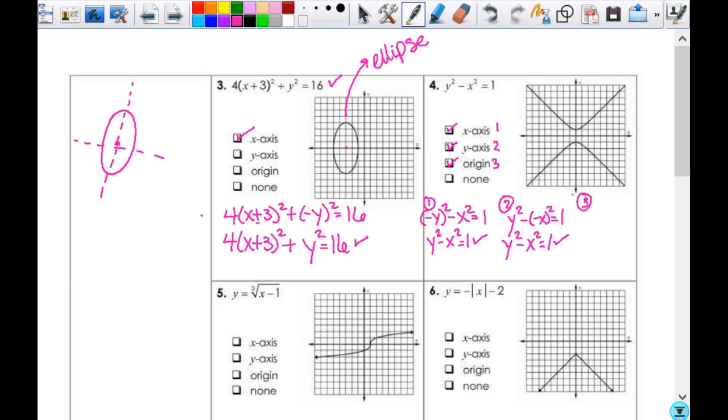Then for origin, I replace them both, right? So this is going to be negative y squared minus negative x squared equals 1. And then that also gives me y squared minus x squared equals 1. So I have confirmed all 3 of them.